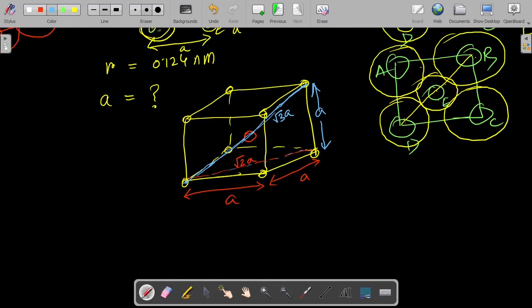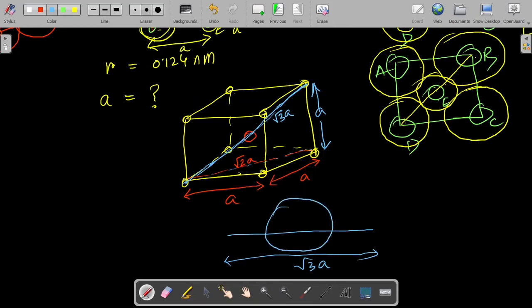So what do we have? Let's draw this diagonal here in a flat direction. So its total length is root 3A, this diagonal. And then there are 3 atoms touching each other.